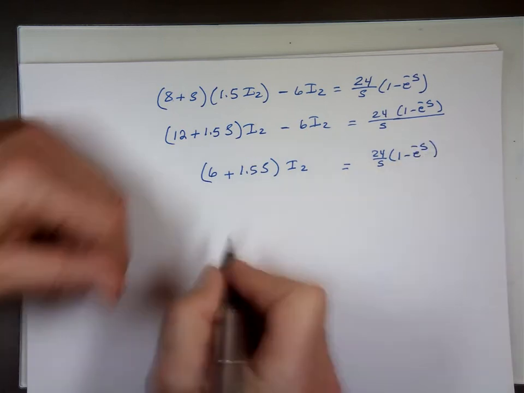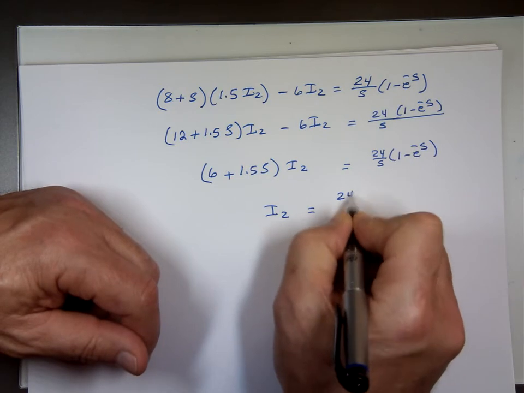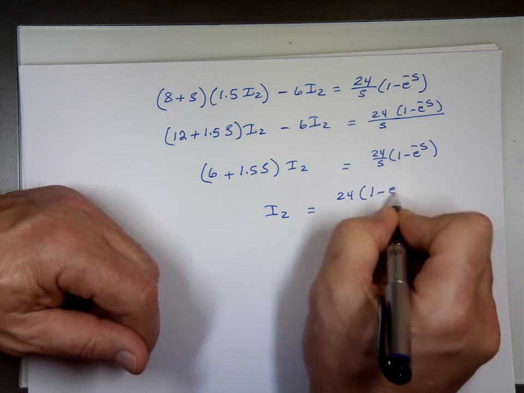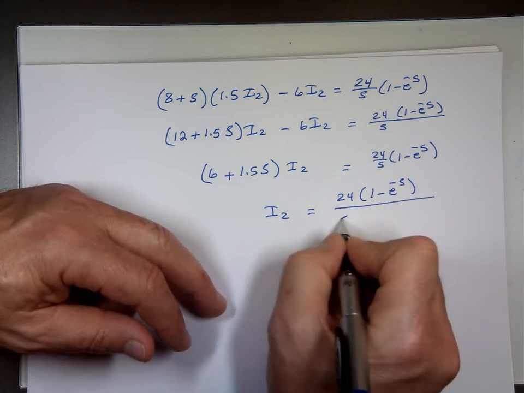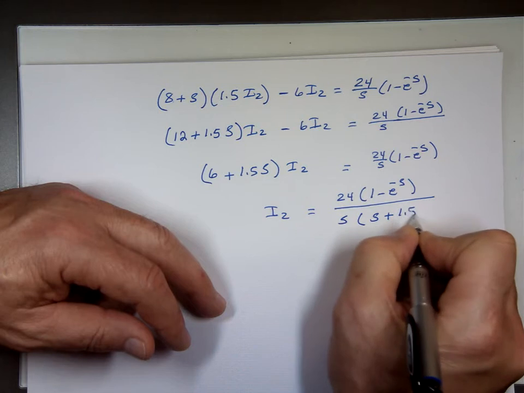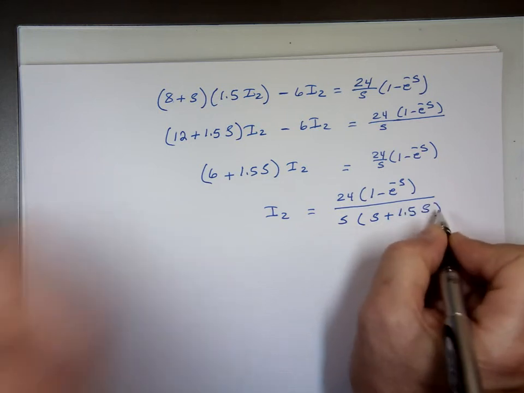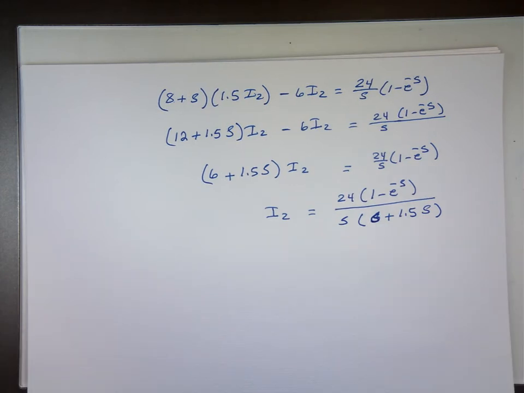Now to solve for I sub 2, we divide by that. You'll have 24, 1 minus e to the negative s over s times, oh, not s, that's 6. Divide by that one.